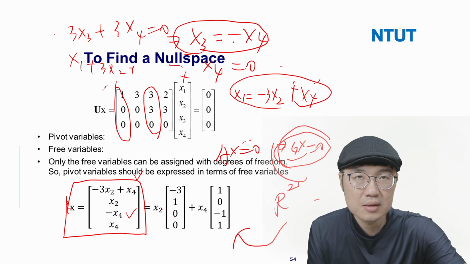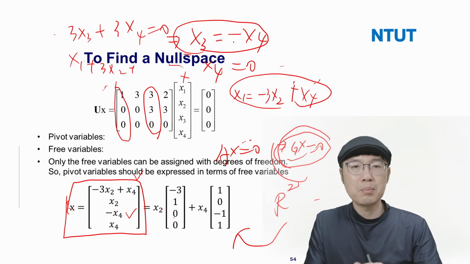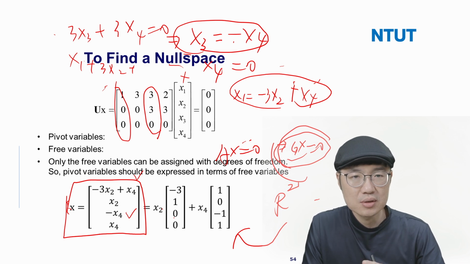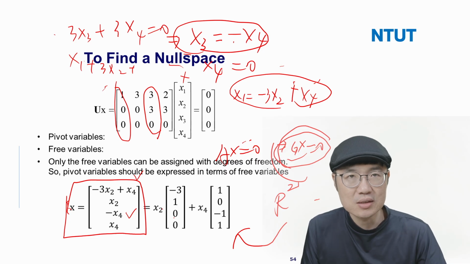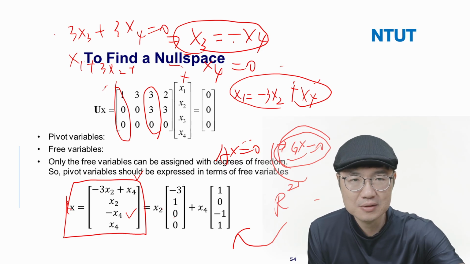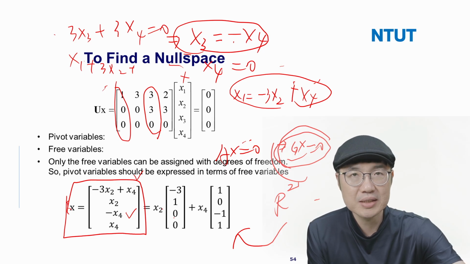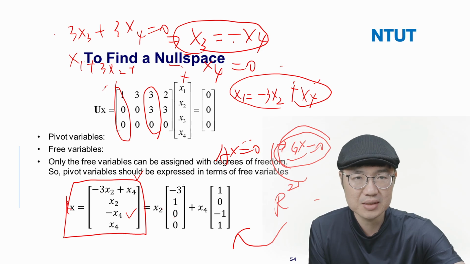It's a plane within R4 space, a 2-dimensional plane which is formed by minus 3, 1, 0, 0 and 1, 0, minus 1, 1 which locates inside an R4 space. So that's the formal process in finding null space vector, not yet basis. I'll talk about basis later.